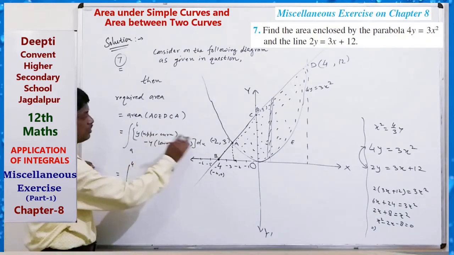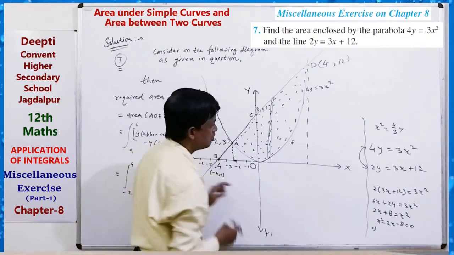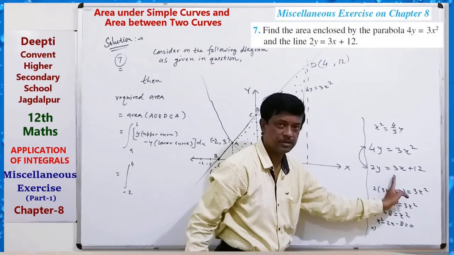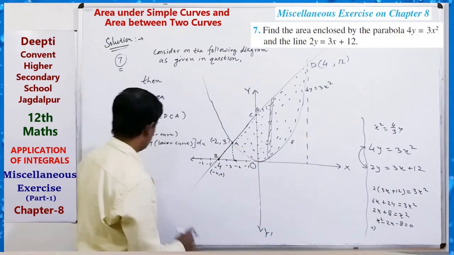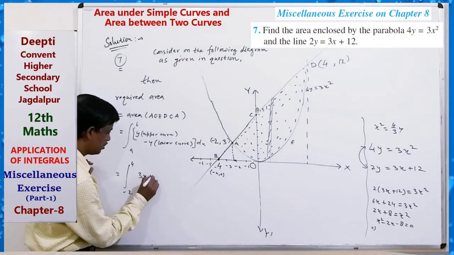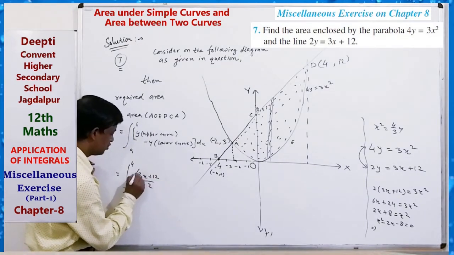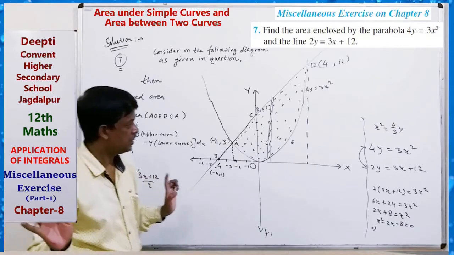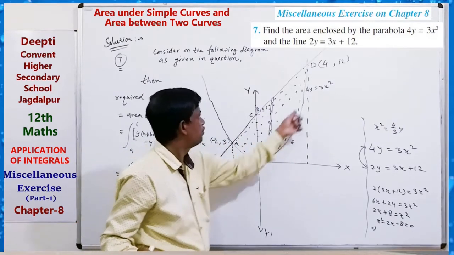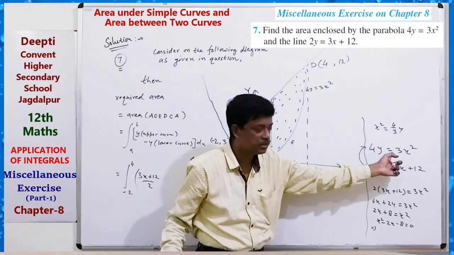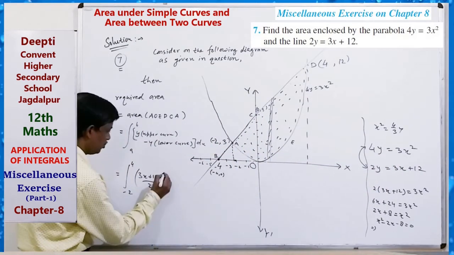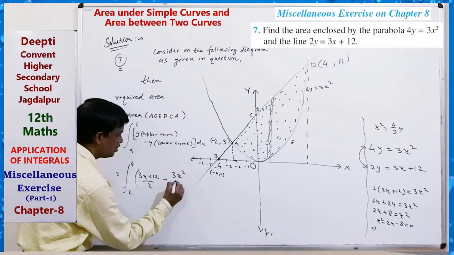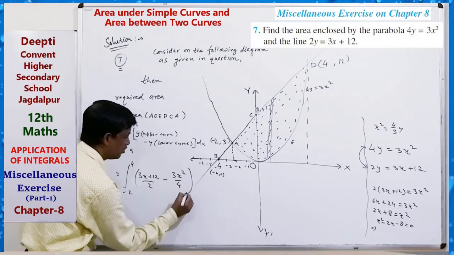Limit. Y upper means the line, that is y equals (3x plus 12) by 2. This is the upper part. Clear? And lower means the parabola, y equals 3x square by 4, dx.